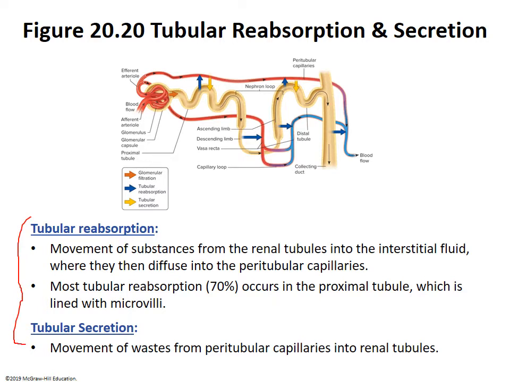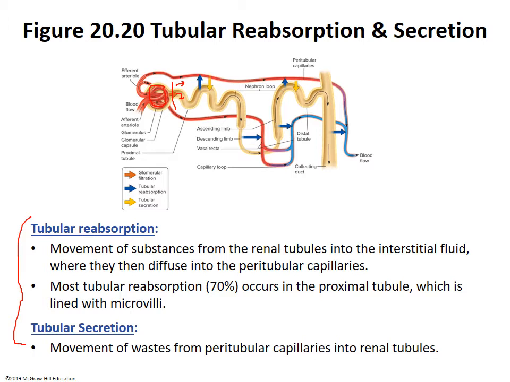Now, really it's dividing everything that happens on this side, all right? Because this area, the glomerulus, is where glomerular filtration is going to happen. As this filtrate is produced, a couple of things are going to happen.